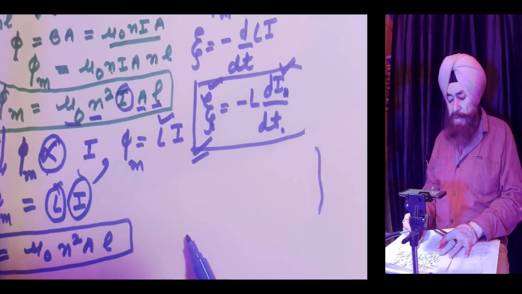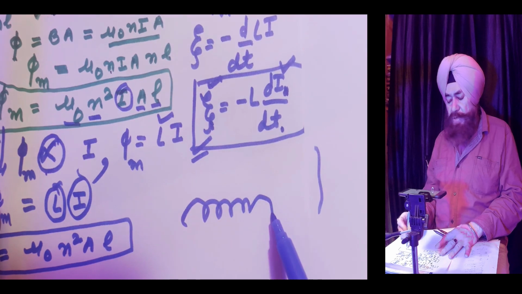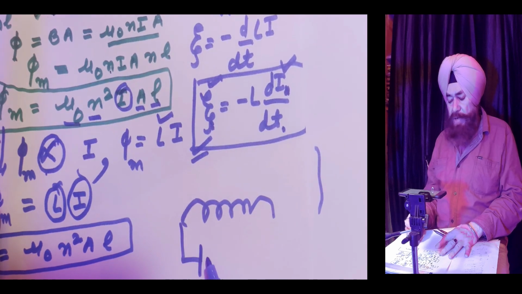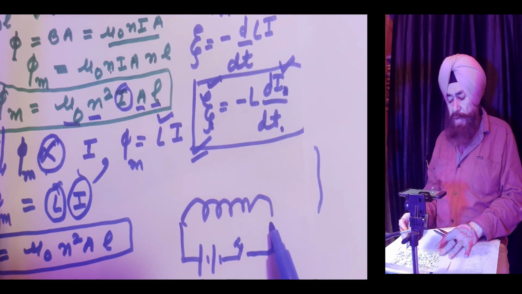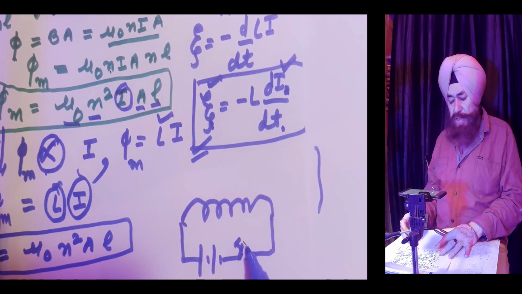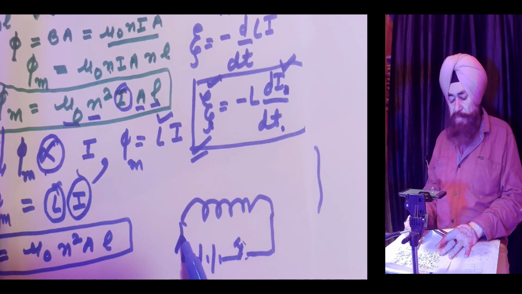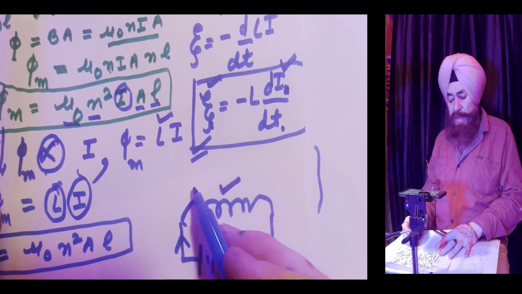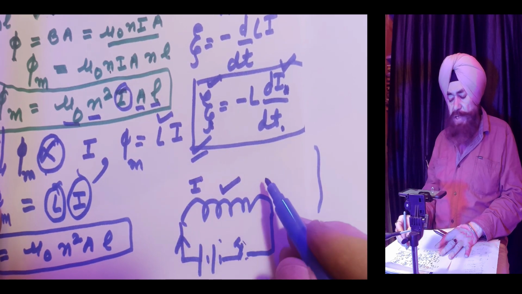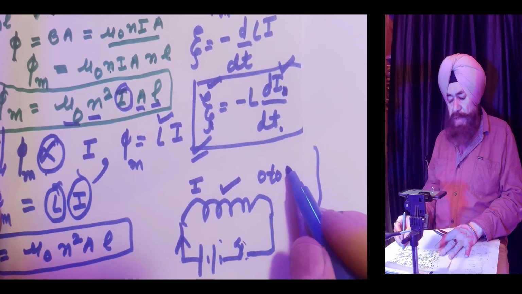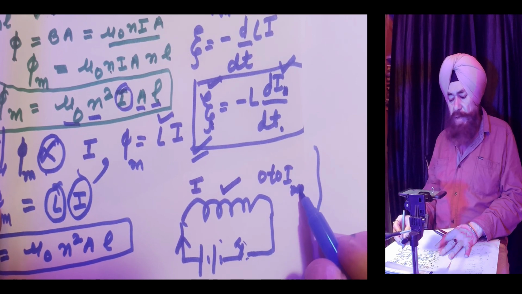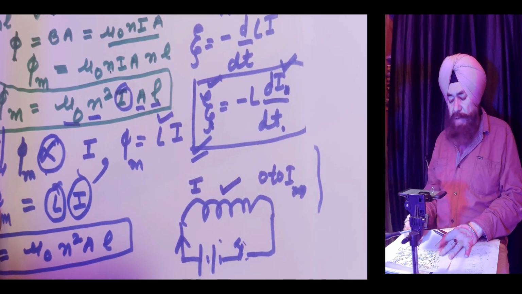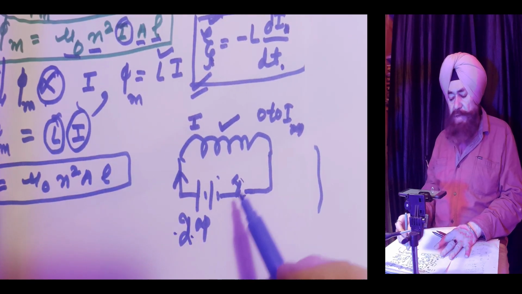I mean, like you are having a solenoid, a battery and a key. When you just switch on the key, what happens? The battery current starts increasing, because current takes some time to reach from 0 to its maximum value. Say the maximum value is 2 ampere.